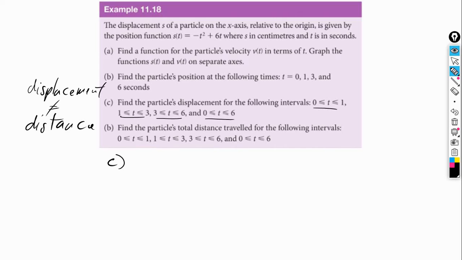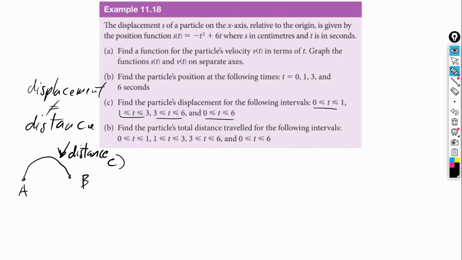So what's the difference between displacement and distance traveled? Let's suppose that you go from point A to point B, and you do it in a roundabout way. So you go from A to B. This curve would be your distance, the distance traveled.